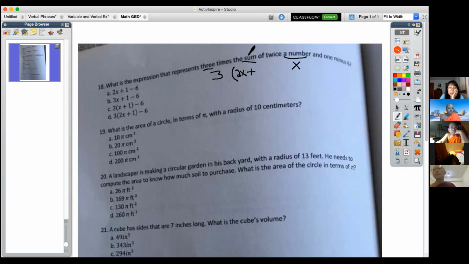Okay. So that's the sum, twice a number. And 1 minus 6. Where does 1 minus 6 come from? A or D, right? Oh, wait. The sum of twice a number. 3 times. It's not going to be A because A doesn't have 3 times.